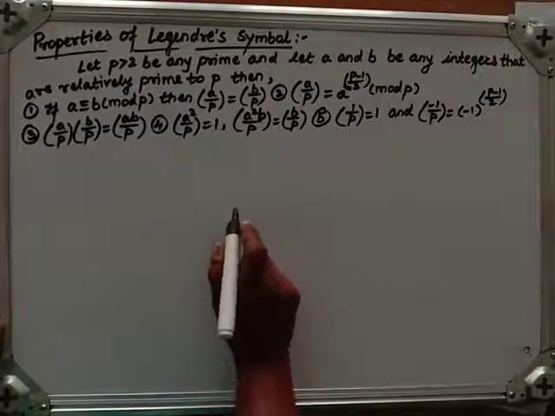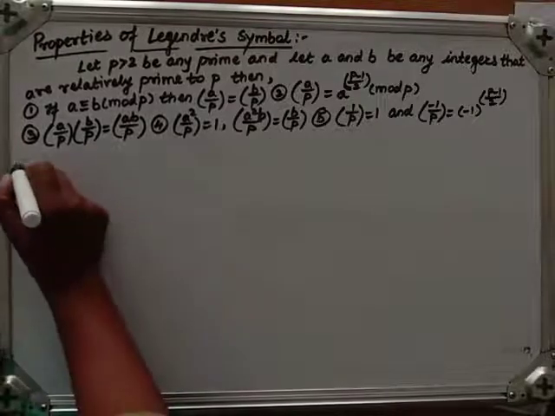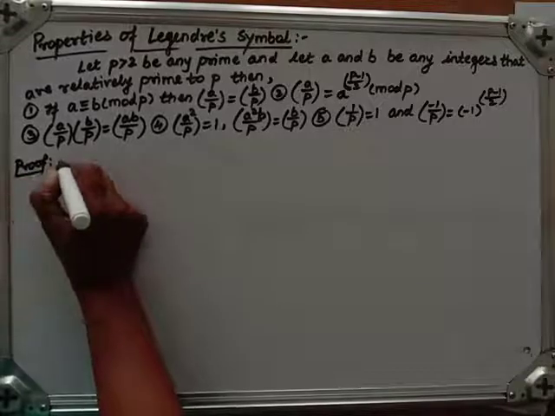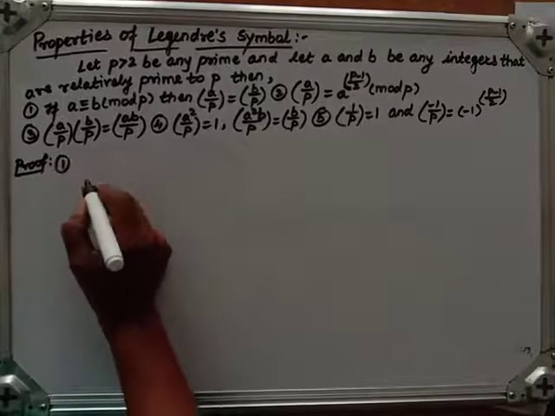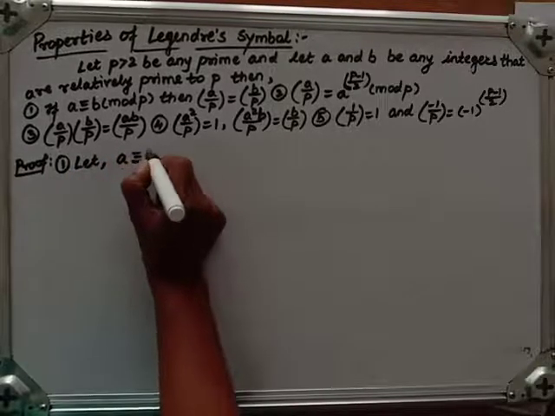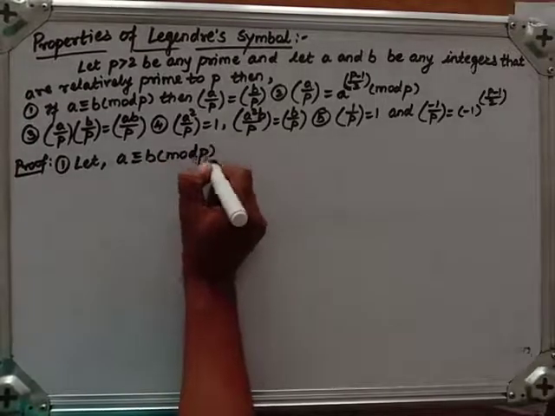Okay. Now let's see the proof of these one by one. So proof. Let me take the proof of the first one. First, let a be congruent to b modulo p. Okay.